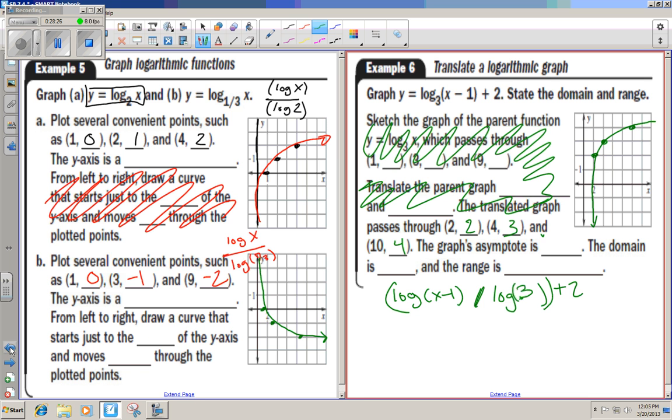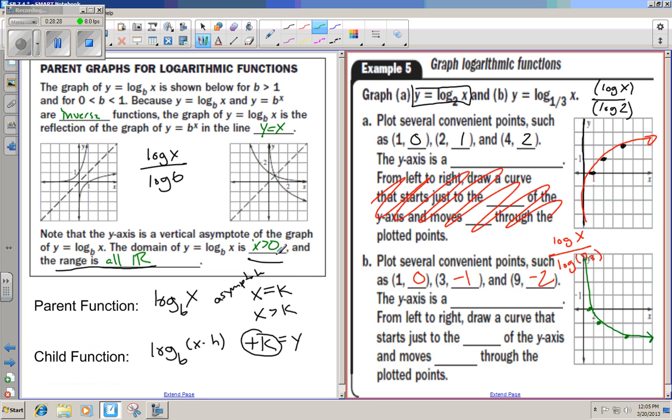All right, I actually need to go back quickly and talk about the asymptote here. Remember we talked about that exponentials and logarithms are inverses of each other, therefore the domain and range change. But that also means the asymptote's not at k anymore, it's at h.